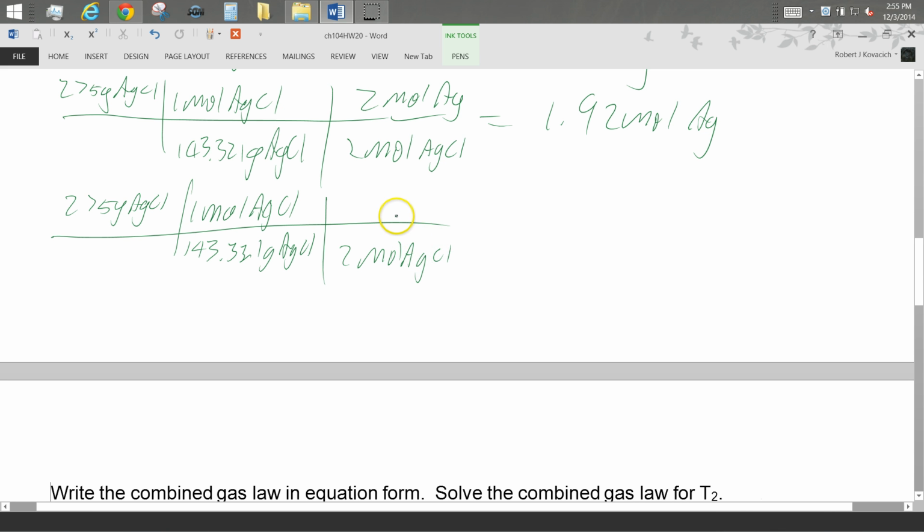What else we got? 1 mole of copper 2 chloride. So .96 moles of copper 2 chloride.